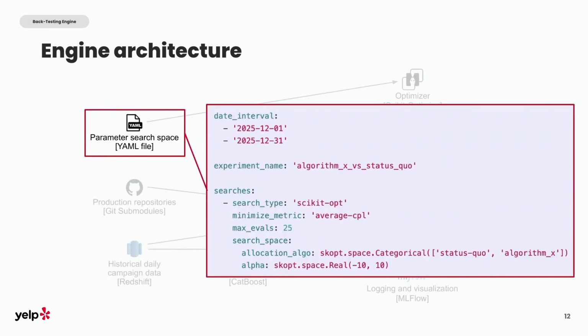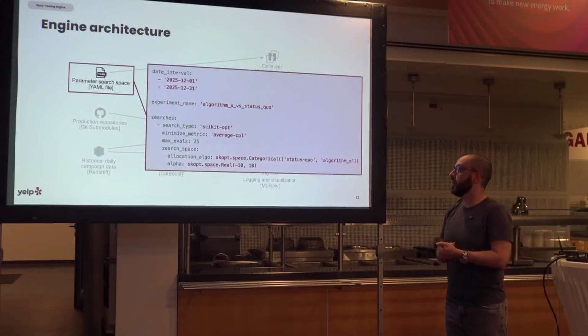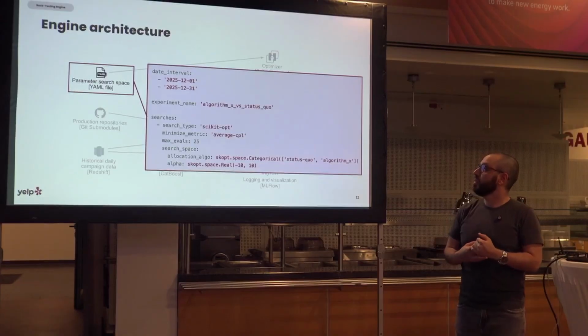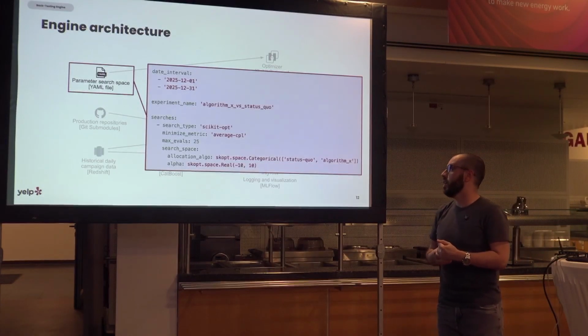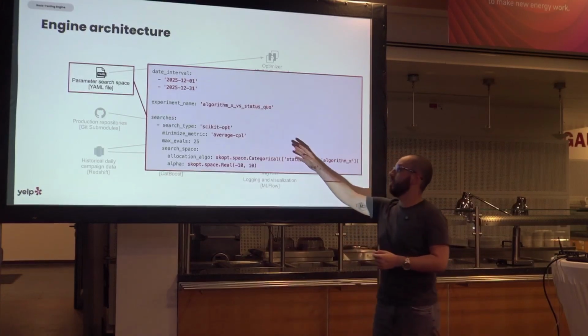The first component is basically just a very simple YAML file. It's a dictionary where we define the variables that will enter the simulation. Typically we have a date interval.